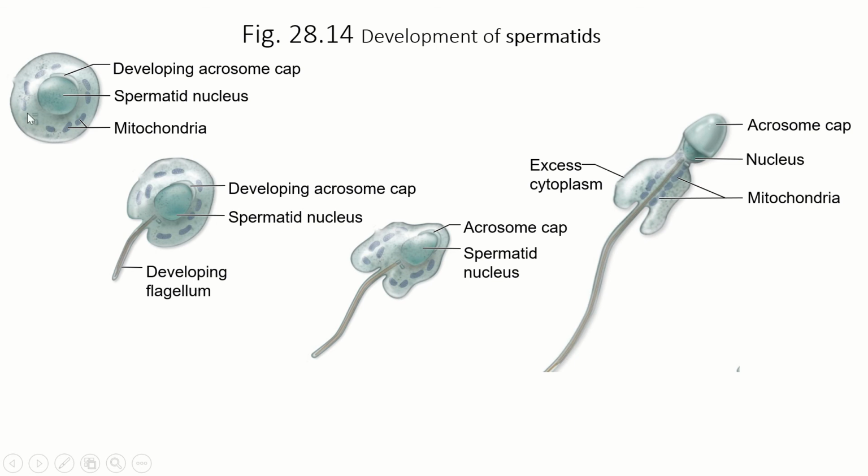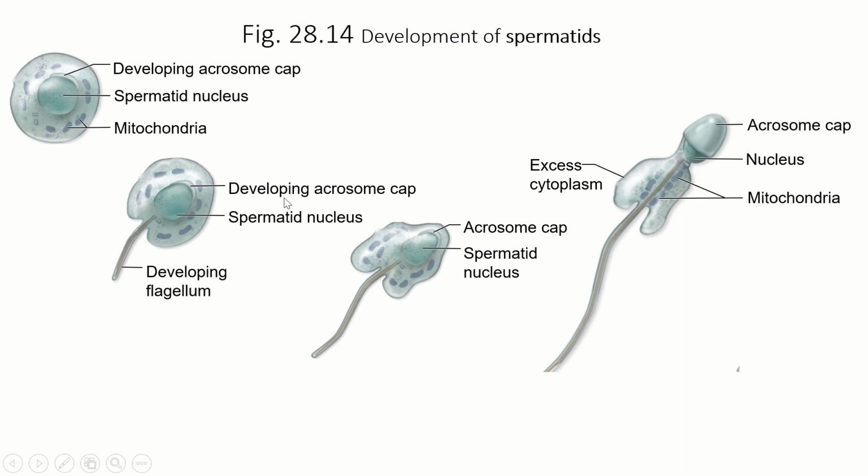They have lots of mitochondria, which they're going to need. And then when they start out, they have the normal component of the cytoplasm. As they develop into sperm, the cytoplasm stretches around the nucleus. They build a flagellum. The acrosome cap develops and gets bigger.